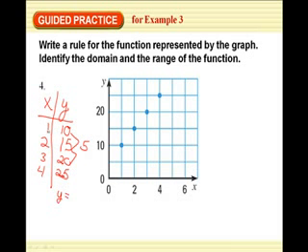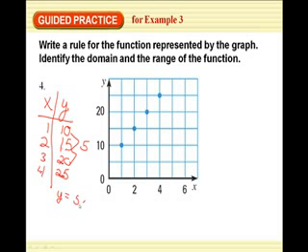If I take this x times 5, that would only be 5. I could add 5. 2 times 5 is 10. Add 5 would be 15. 3 times 5 is 15, add 5, that'd be 20. 4 times 5 is 20, add 5, that would be 25. So I think we got it.